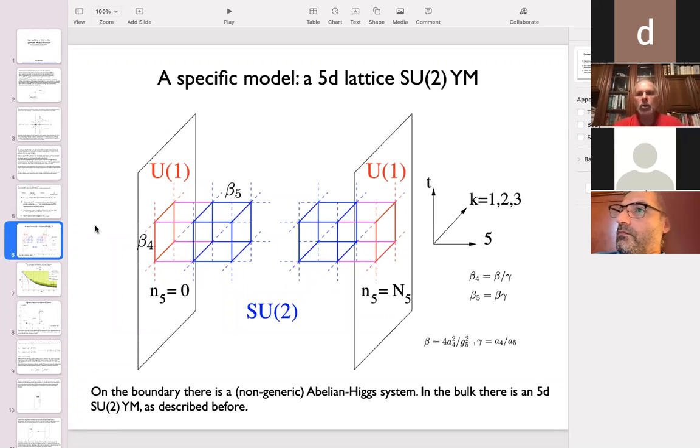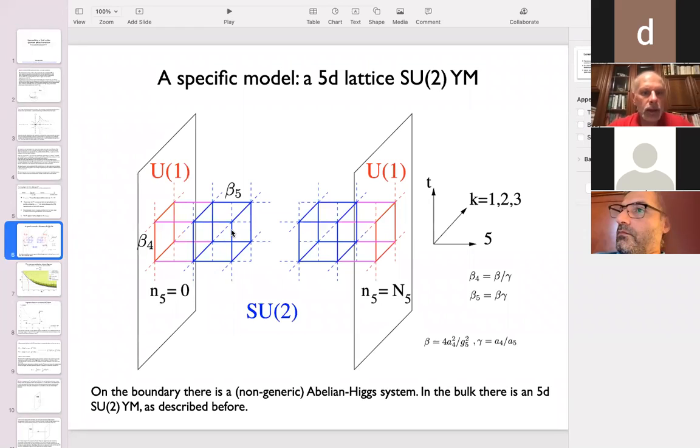Okay. Now, let me go to a specific construction to illustrate some other interesting properties. So let me take a 5-dimensional lattice SU(2) Yang-Mills. And as you see, there is this blue lattice of cubes. This is the bulk.